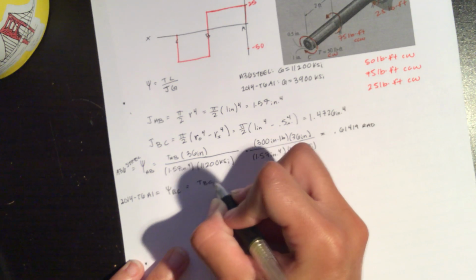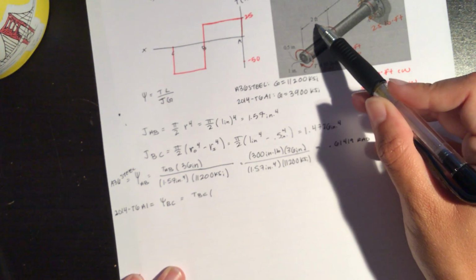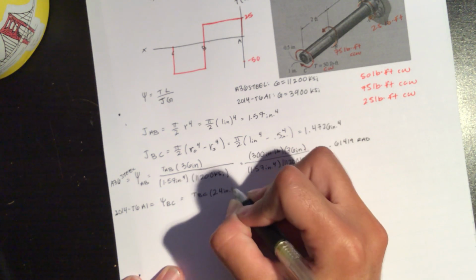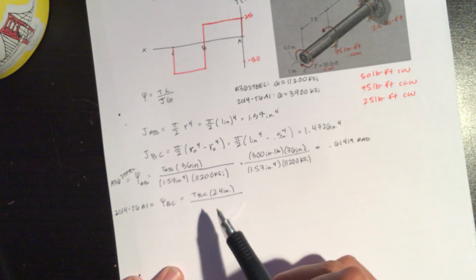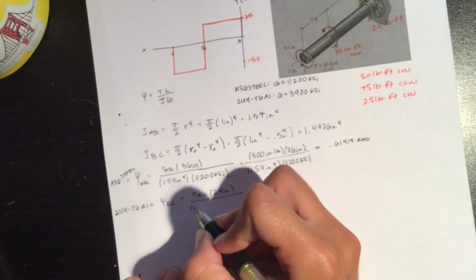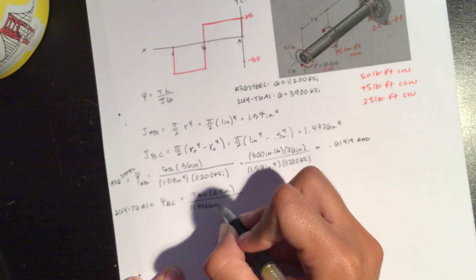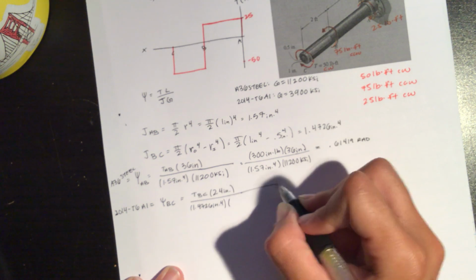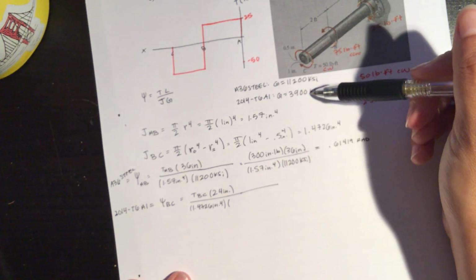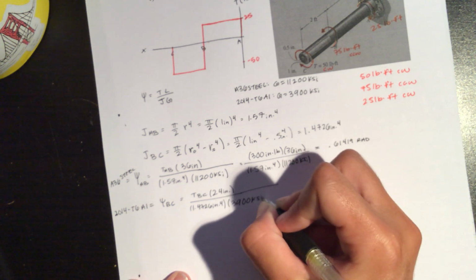So T_BC times, and then our length for BC is going to be 2 feet, and to make that inches we multiply by 12, so we get 24 inches over what we solved for earlier for J of BC, which is 1.4726 inches to the fourth, multiplied by our modulus of rigidity for aluminum, which is 3,900 KSI.